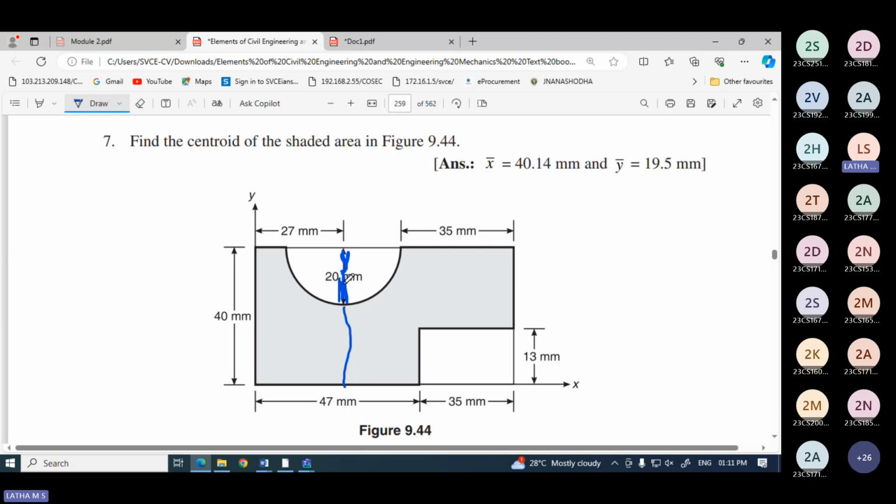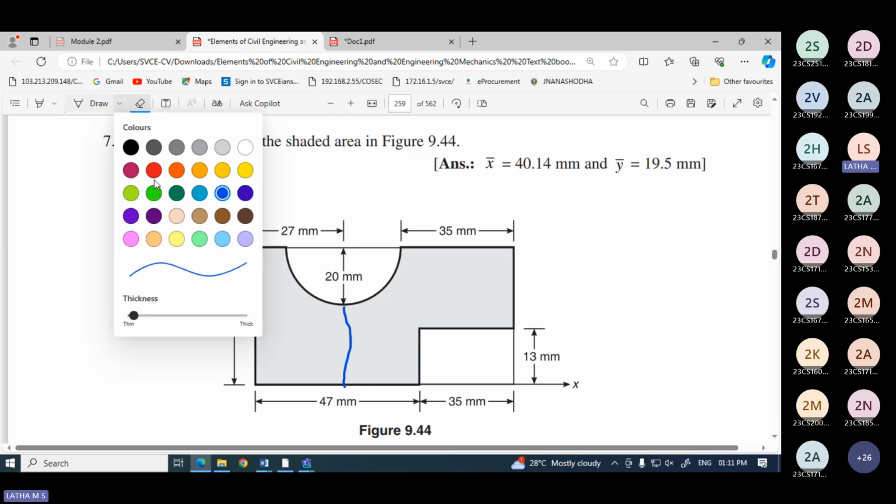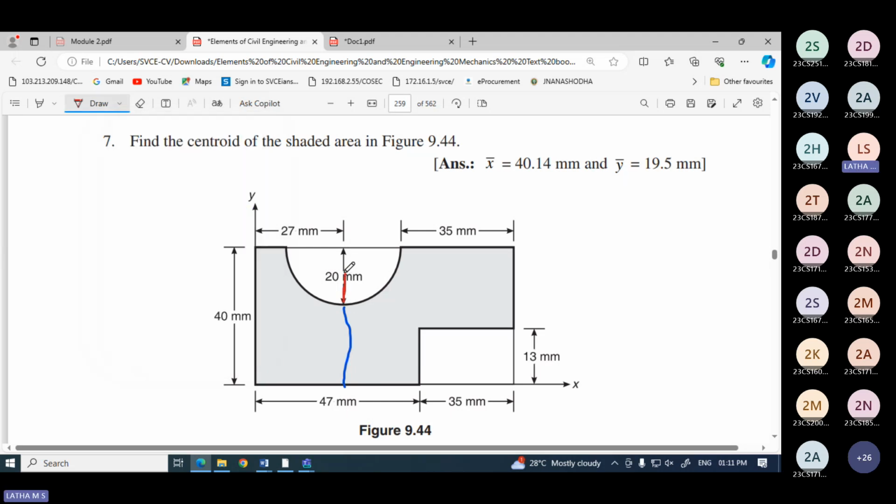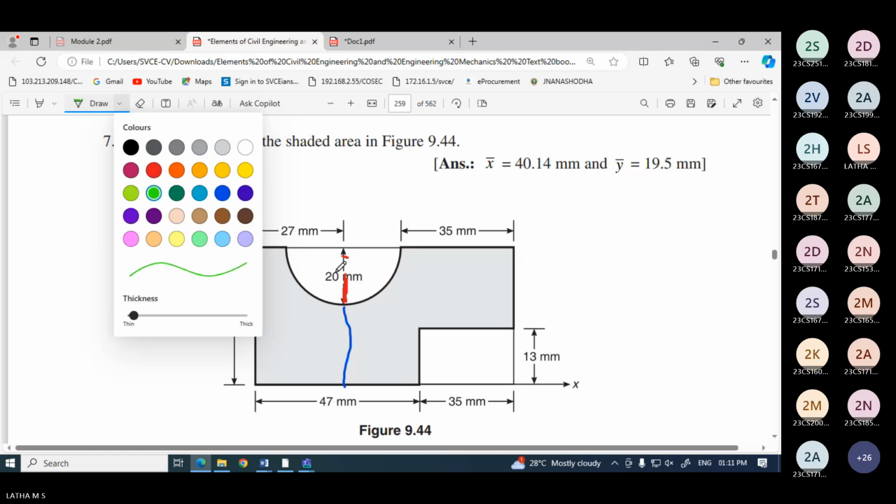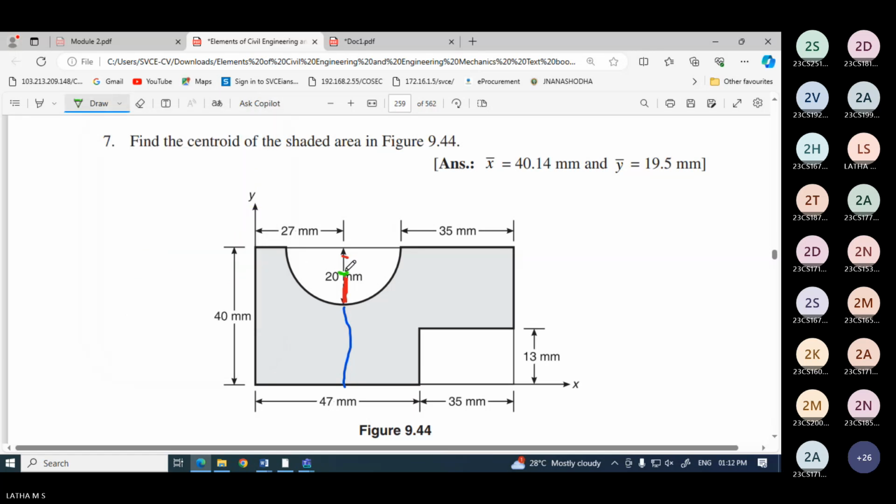So to get this distance, what should I do? 20 minus 4r by 3 pi is this small distance.